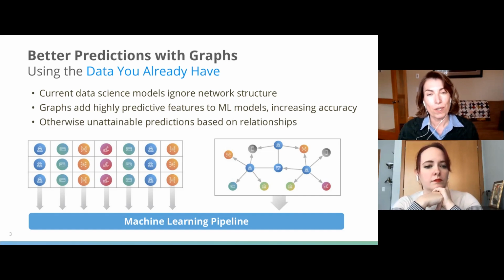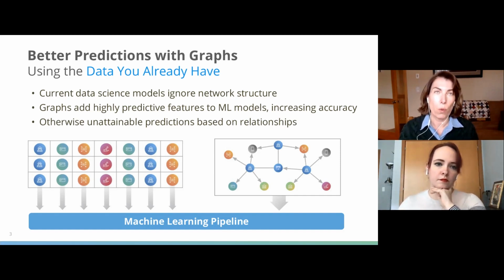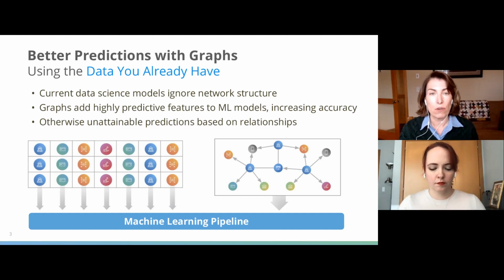The other thing that I like to talk to people about is, why do I need graphs to make my data science better? Why do I need graphs to make my predictions better? The really exciting thing is that you can use the relationships that you already have in the data that you own to make better predictions. What we see a lot is that many data science models ignore the network structure, ignore those relationships.